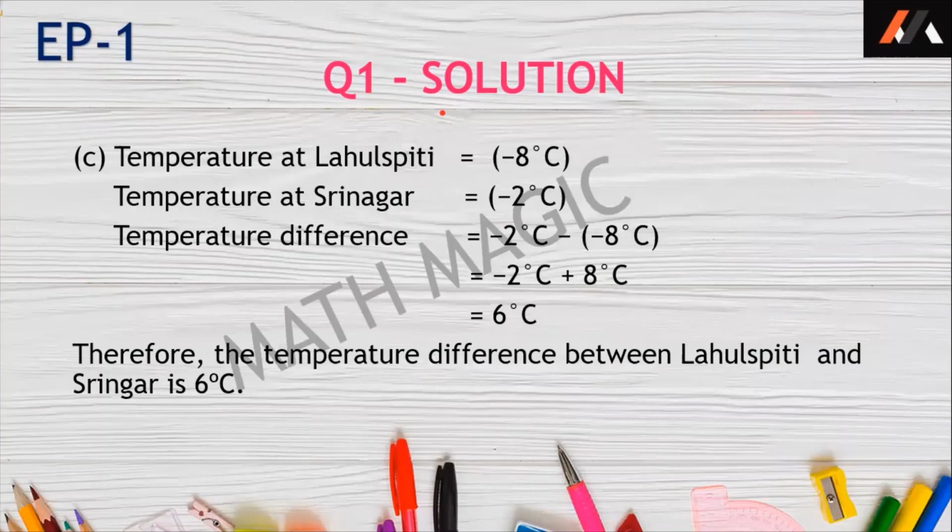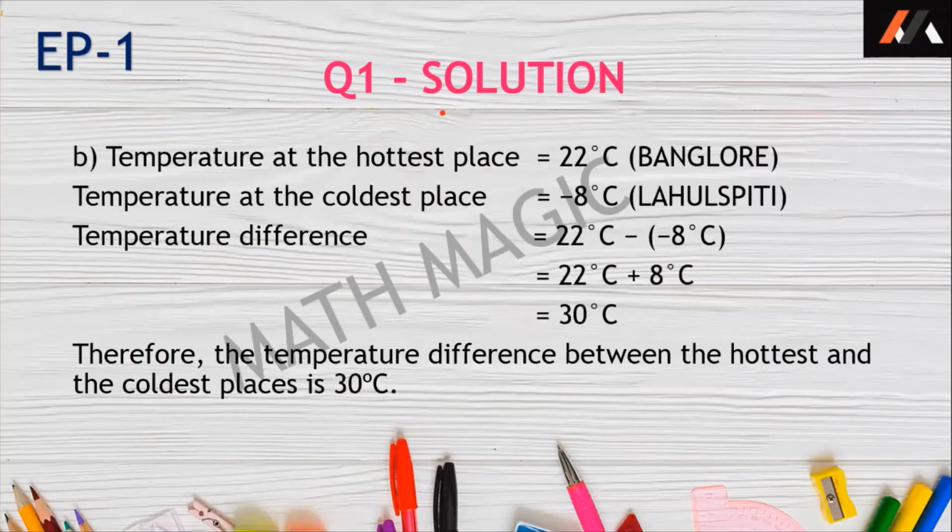Here minus 2 is greater than minus 8 because minus 2 is closer to 0 on the number line. So minus 2 minus minus 8 degrees Celsius will be minus 2 plus 8 degrees Celsius, that is 6 degrees Celsius. Therefore, the temperature difference between Lahaul Spiti and Srinagar is 6 degrees Celsius.